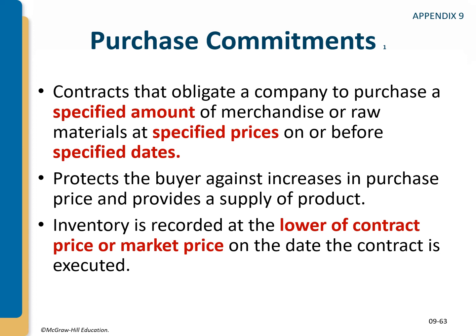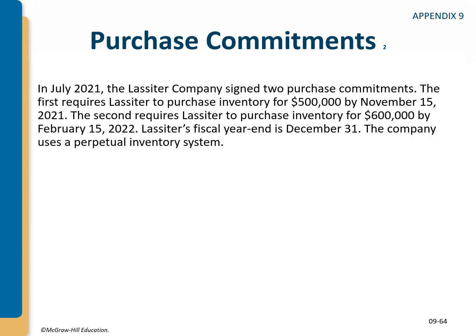It's really gambling too, but they sign a contract and they are committed to buy it. It protects the buyer against increases in purchase price and provides a supply of product. Inventory is recorded, though, at the lower of the contract price or the market price on the date the contract is executed. So let's see what this means.